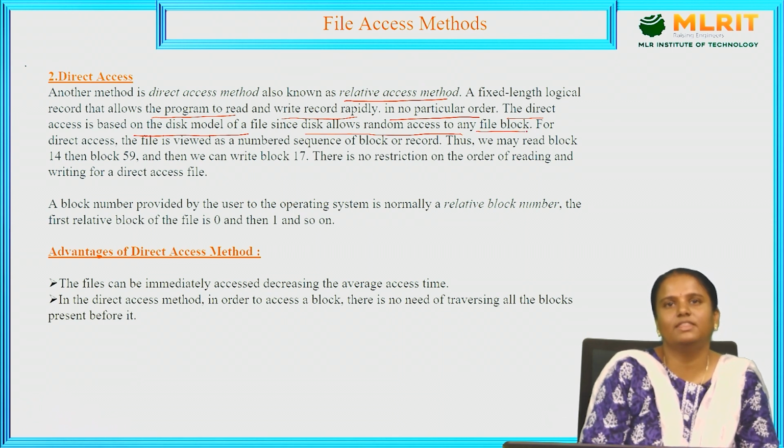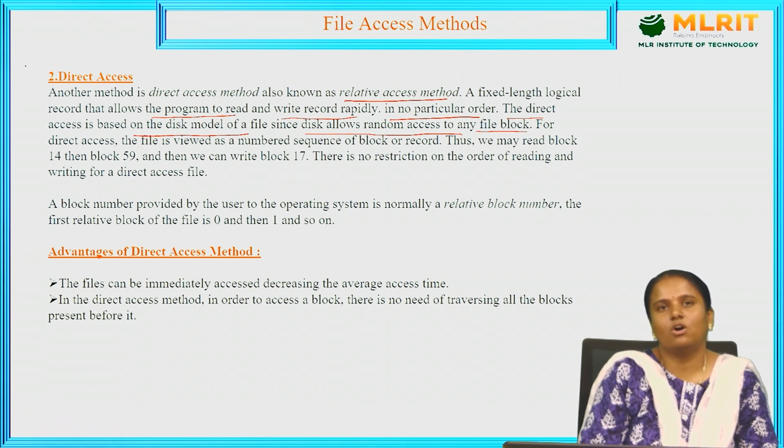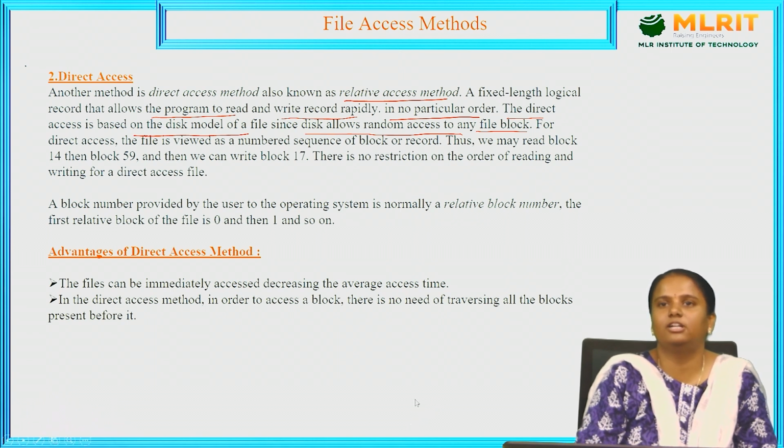So we are using files in a disk model, and since the disk allows random access to any file block, we can allocate or deallocate the files randomly. We do not require any order to place the files, and they can be placed randomly.